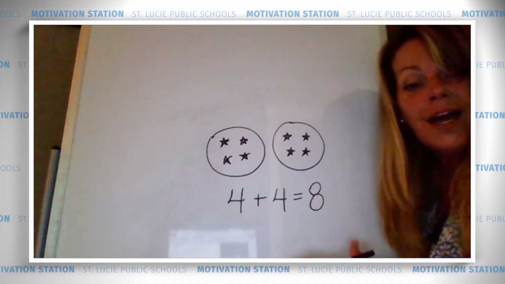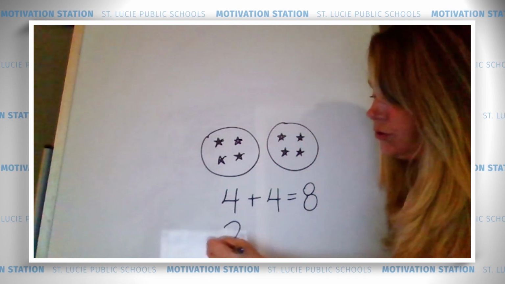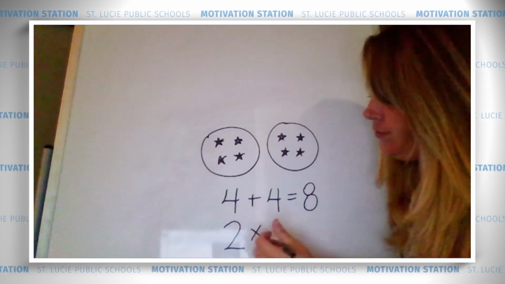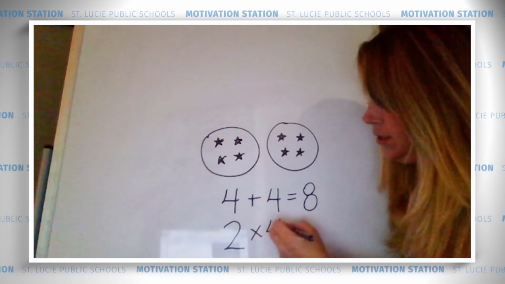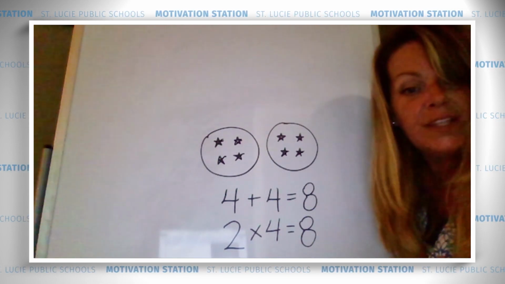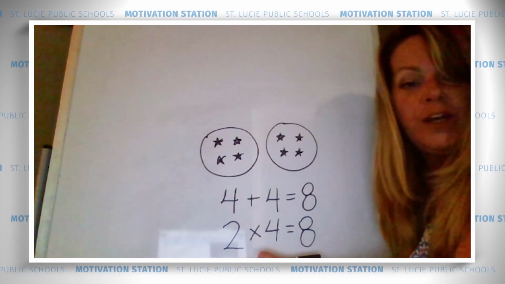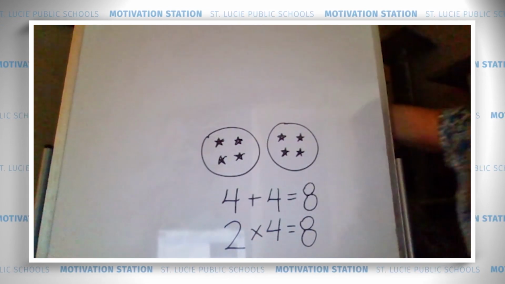Also remember, we could write that as a multiplication equation. So I have 2 groups, 2 circles, 2 groups of 4 stars, which also equals 8. Okay, that's what we did Tuesday, writing addition equations and multiplication equations for our circles and stars.